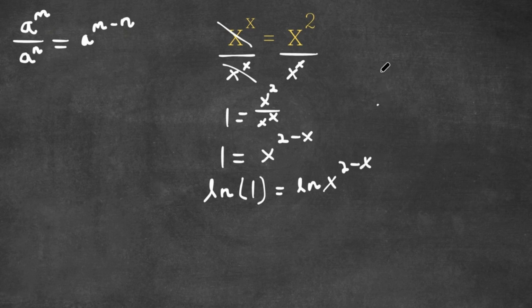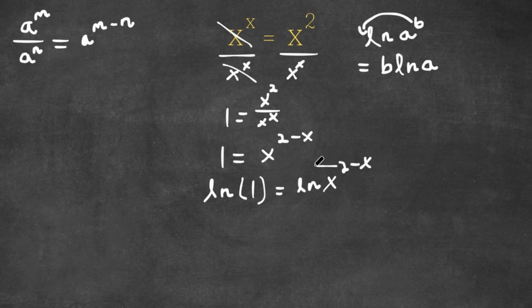Now, an important property of logarithms is that, let's say we have ln of a to the power of b, then we can actually move this exponent b to the front of the logarithm. So this would be equal to b times ln a. That's exactly what I'm going to do with ln of x to the power of 2 minus x. I'm going to move the exponent 2 minus x to the front of the logarithm.